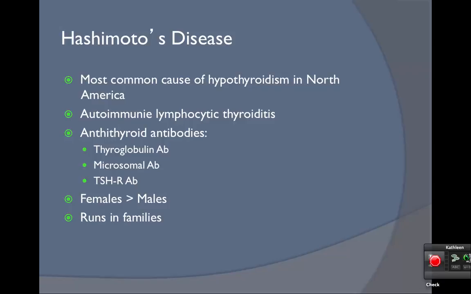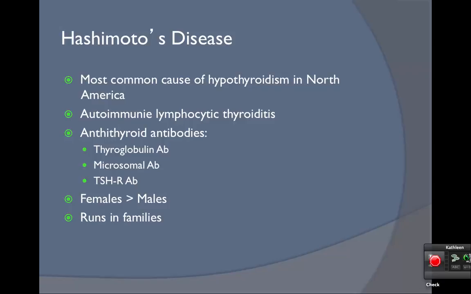Those HLA antigens are the ones that are typed for organ transplants. In this disease, the lymphocytes stop recognizing the thyroid antigens as me and instead see them as a foreign material.